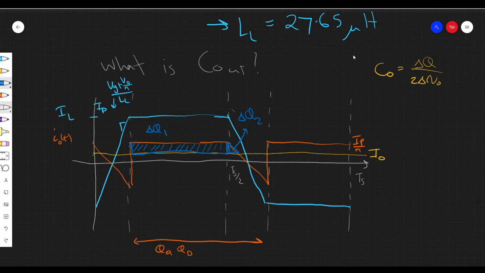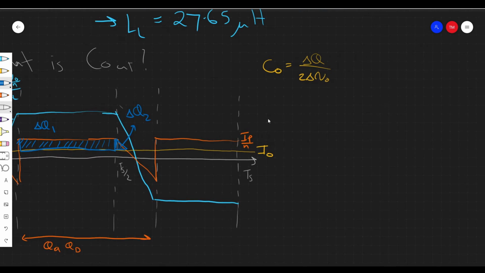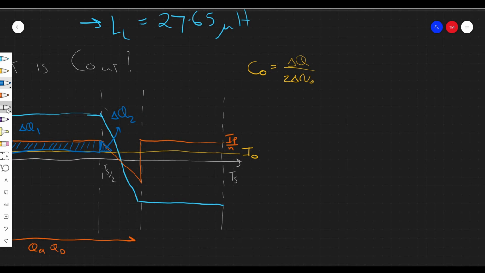We can write out expressions for both delta Q1 and delta Q2. Delta Q1 is simply equal to this time difference times the height, which is I peak over N minus I out. The time is simply Ts over 2 minus phi.